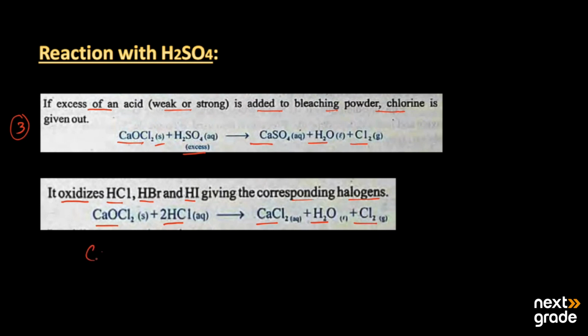Likewise, when bleaching powder reacts with an acid like HBr, what compounds are produced? First it produces calcium bromide, then water, as well as chlorine. So it produces the corresponding halogens as well as simple compounds.